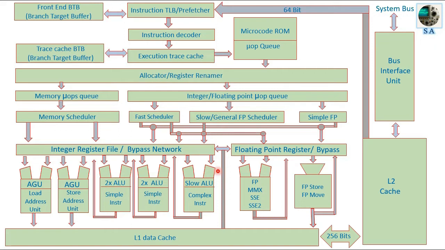The execution unit includes several types of integer arithmetic logic units and floating point execution, with an MMX unit to speed up multimedia application execution, and all produce the final results. At this point, we also have the level 1 data cache that is used for frequent load and store operations.